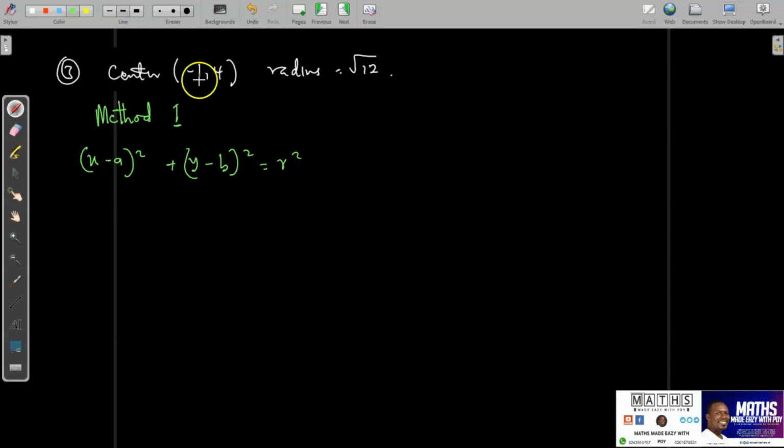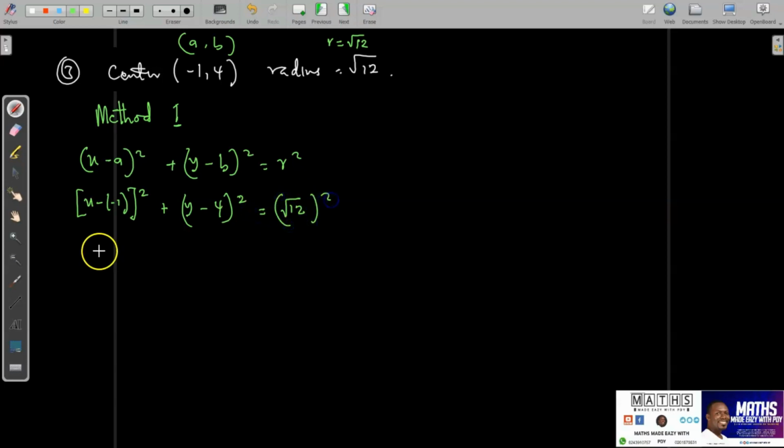So whatever has been given to you as a center becomes your a and your b, and then the automatic radius is the root of 12. So let's do our substitution. That's going to give us x minus -1 all squared plus y minus 4 all squared equal to root of 12 all squared.